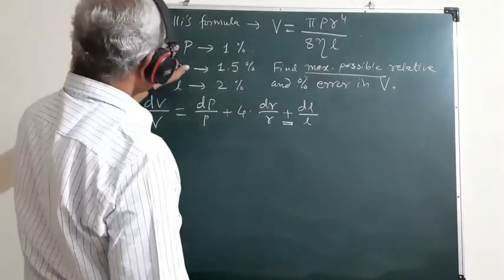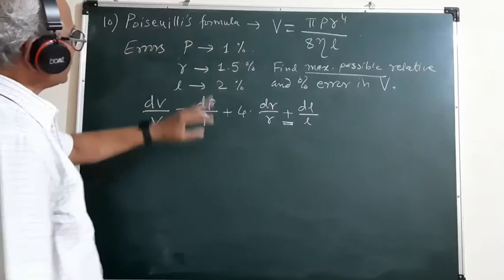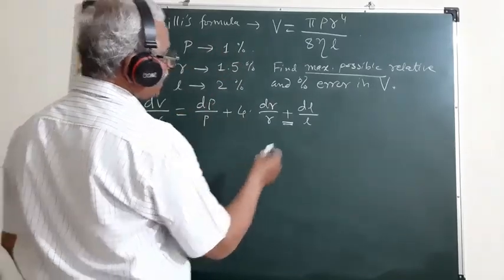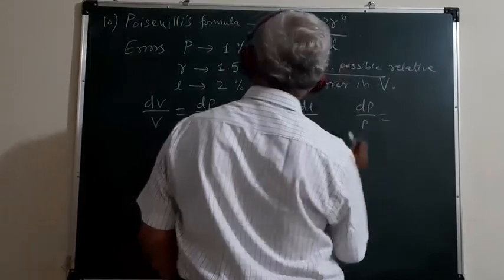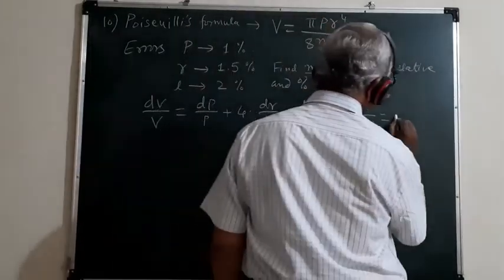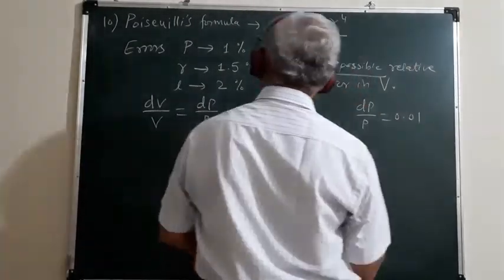Since the percentage error in the measurement of the pressure difference is 1%, the relative error dp by p will be equal to 1 upon 100, so it is 0.01.